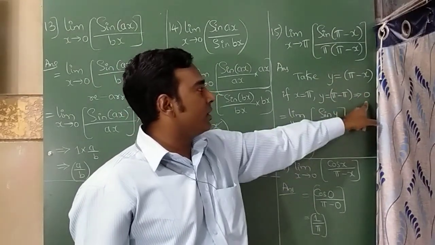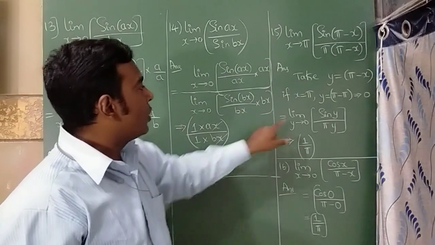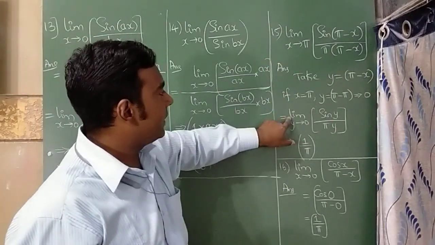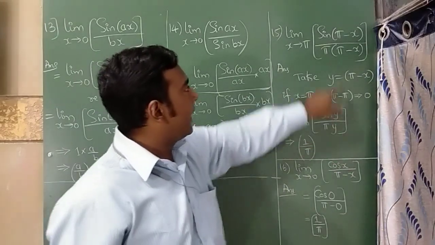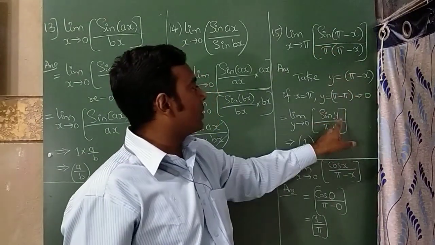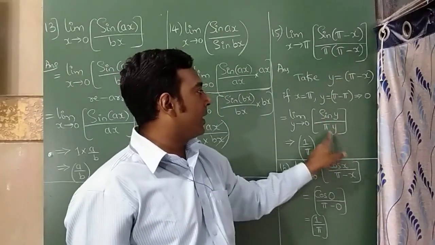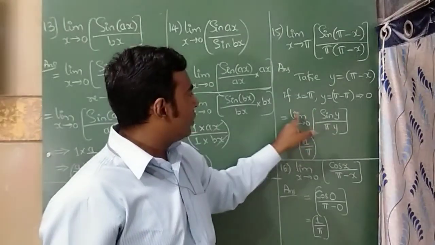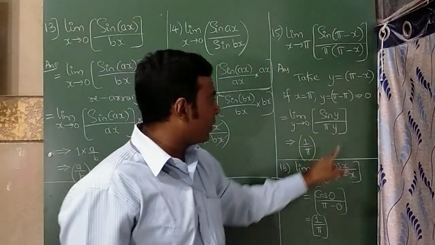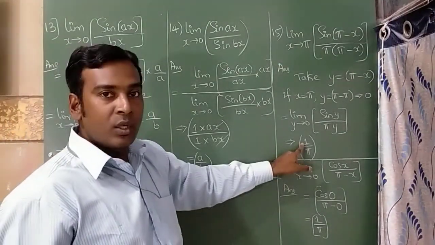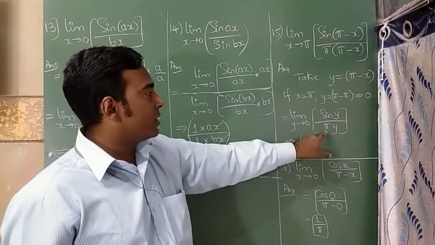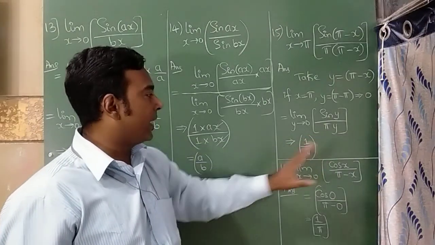So y is going to tend to 0. So I have written limit y tends to 0. Because of this, sin y, this whole term I have taken as y. This term will become y. So here pi. So limit y tends to 0 sin y upon y. From this formula it is 1. So 1 divided by pi, because in the denominator there is a pi here.